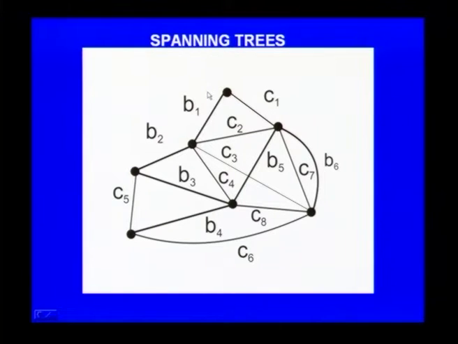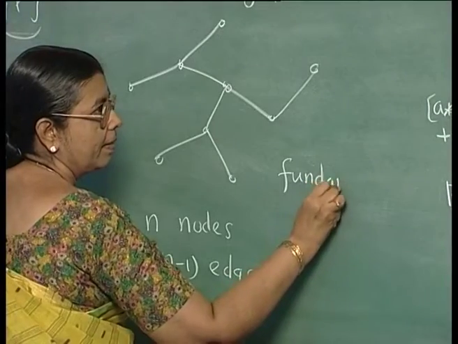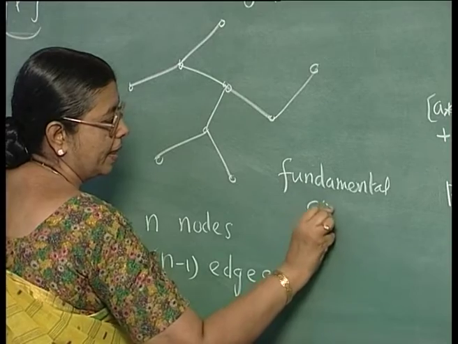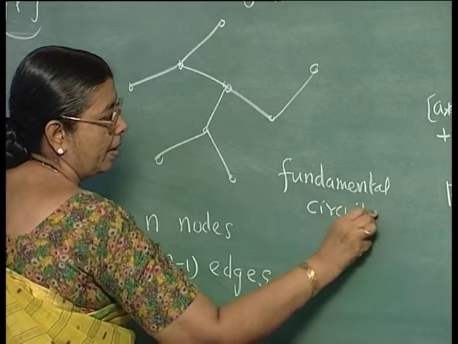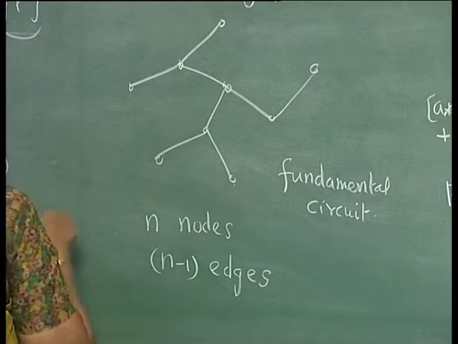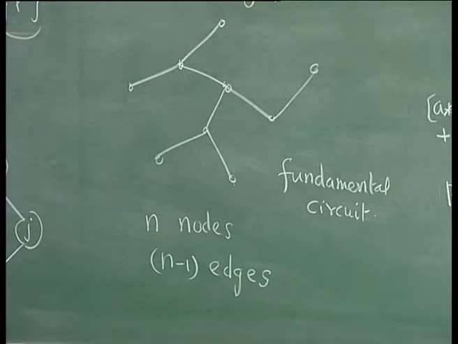Even if you add any other edge from the graph to the spanning tree, you will get a cycle or a circuit, and that is called a fundamental cycle or fundamental circuit. This is obtained by just adding one edge of the graph, which is not a branch, to the spanning tree.